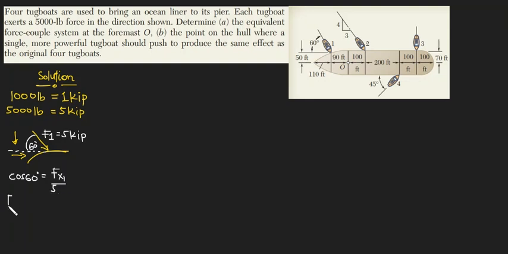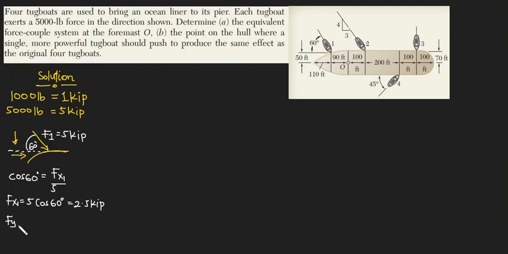So we're going to have Fx1 equal to 5 multiplying cosine of 60 degrees. 5 cosine of 60 degrees will give us a value of 2.5 kip. That's the x component for the first force.